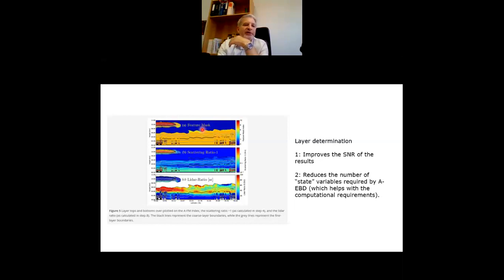The solid lines here are where the algorithms have decided where you can bin things vertically, using a combination of the feature mask and the low resolution scattering ratio. And this can be tunable. You can either tell the algorithm to be very aggressive in making many layers or to be less aggressive.